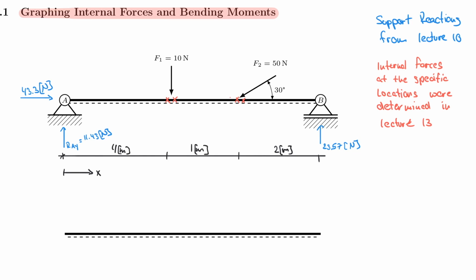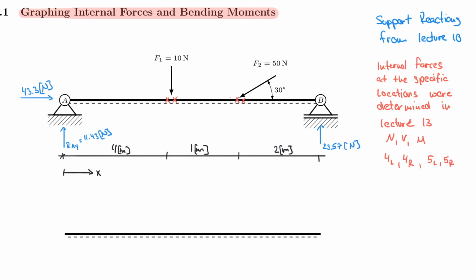Please remember that what we calculated were the values for N, V, and M: normal force, shear force, and a moment. We did that at the specific locations of 4 meters to the left, 4 meters to the right, 5 meters to the left, and 5 meters to the right.